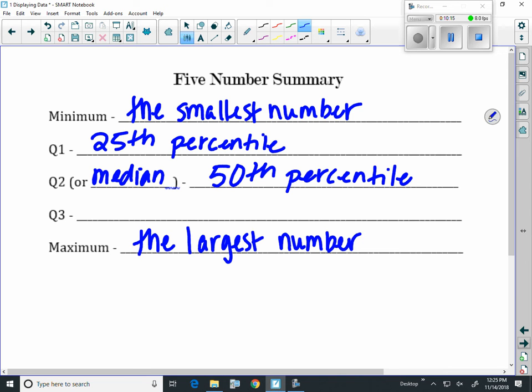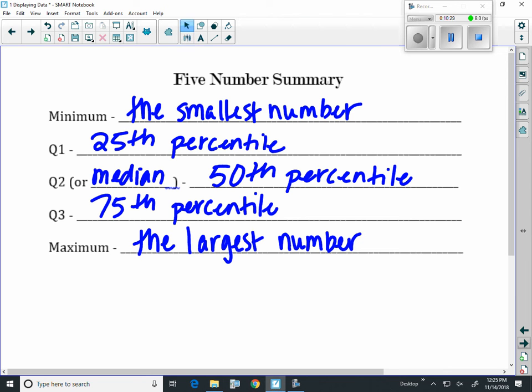And quartile 3? The 75th percentile. Okay, questions?